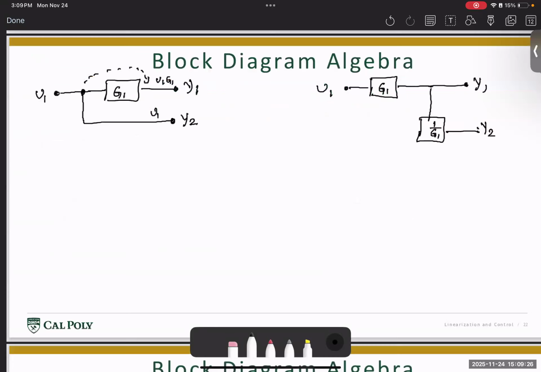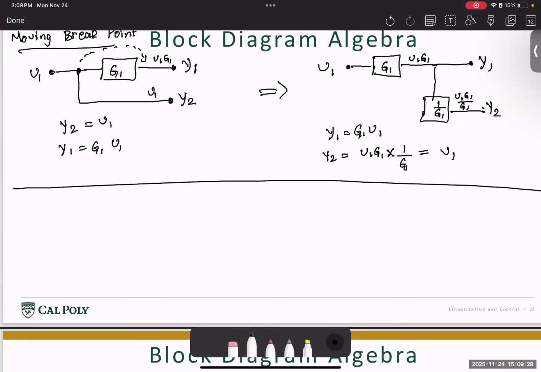All right. Now let us say I have another feedback system where the input is R1, and here I have a feedback block with plus and minus, and here I have the gain G1, and then I have my output Y1, and then in the feedback block, let's say I have some gain G2.